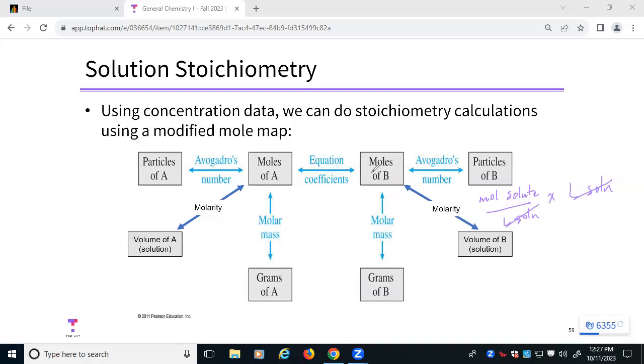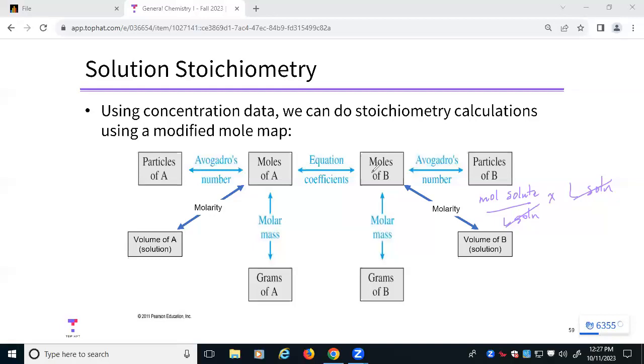And now that I have moles, I'm in business. I can follow the exact same kind of procedures, the exact same kind of protocols that I did in module 4, where I just take my moles, use the balanced chemical equation to convert it to something else, and then take it from there.